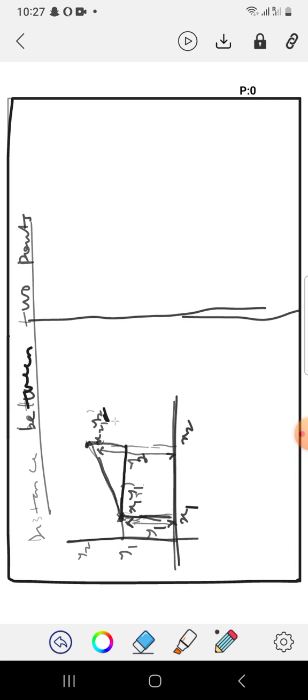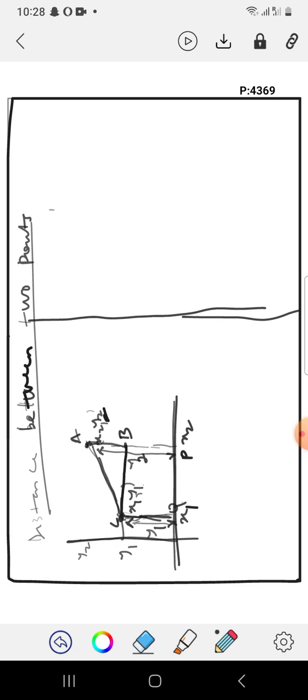So let's call this place A, call this place B, and call this place C. And let's call this place P and Q. All right, so just stay with me. We know that that's point AB.